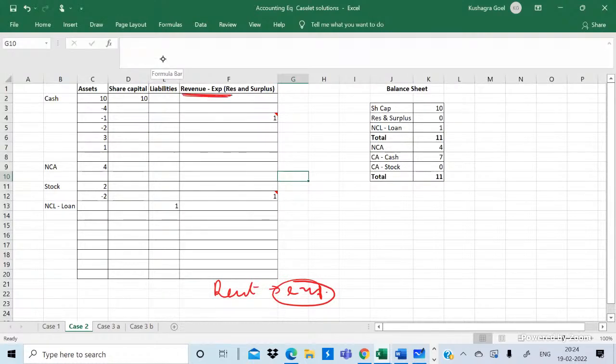So I have my revenues and expense. So I have this rent over here, 1 lakh. What's the other aspect? When you're paying rent to your landlord, your cash balance will go down and cash is nothing but an asset. So your cash balance will go down worth 1 lakh. So you balance it.